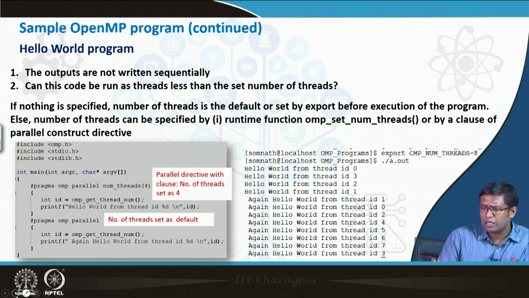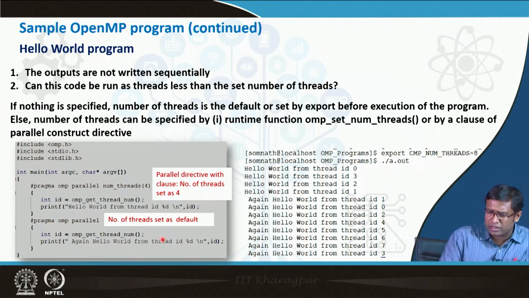We can see that with export OMP_NUM_THREADS equal to 8 and a.out, this hello world is from 0 to 3. 4 threads will be active here. After that it will launch another parallel region and again hello world, and because we have set it as default and the default number of threads is 8, set by OMP_NUM_THREADS, this will go from 0 to 7, in 8 parts.